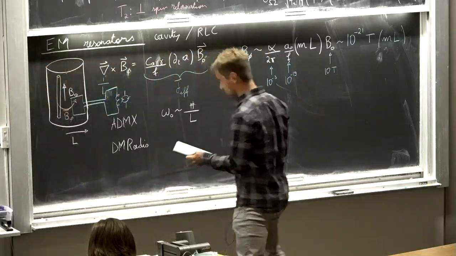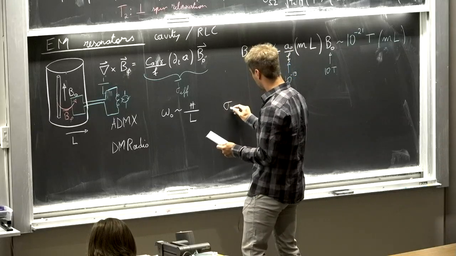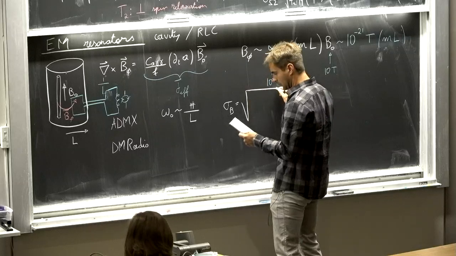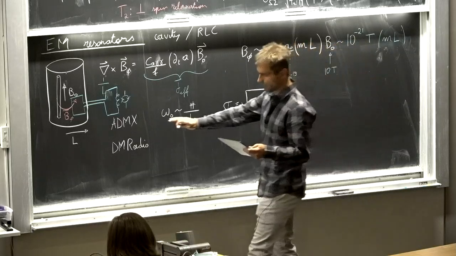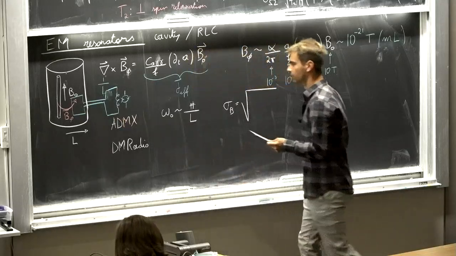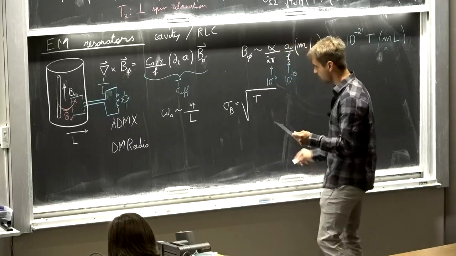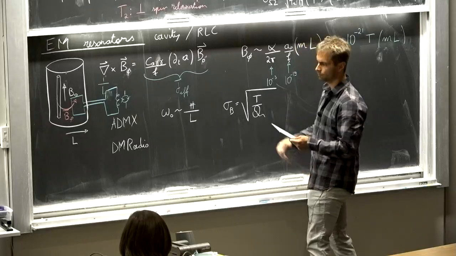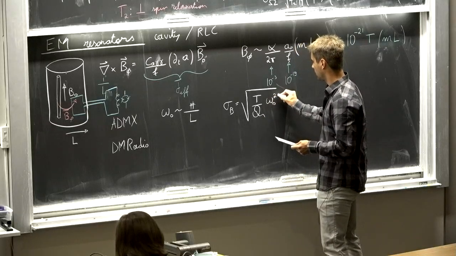I didn't say what the minimum sensitivity was. Okay, so again, from the fluctuation dissipation theorem, in this case, since I only have 7 minutes, I will not go through the derivation. I'll just tell you the answer. So it's, again, proportional to the temperature of the system, and then the quality factor of your cavity or your circuit, and the frequency squared.